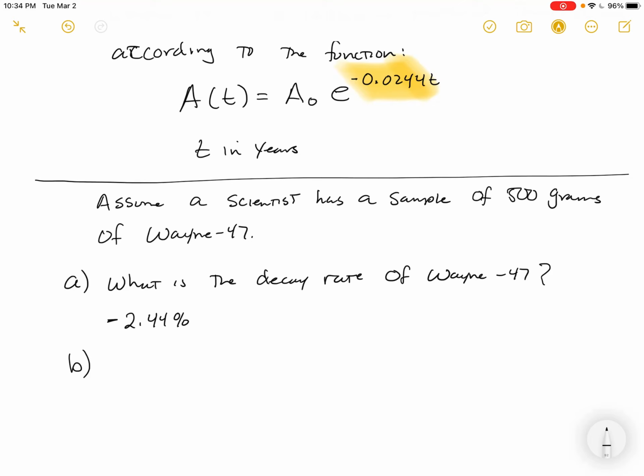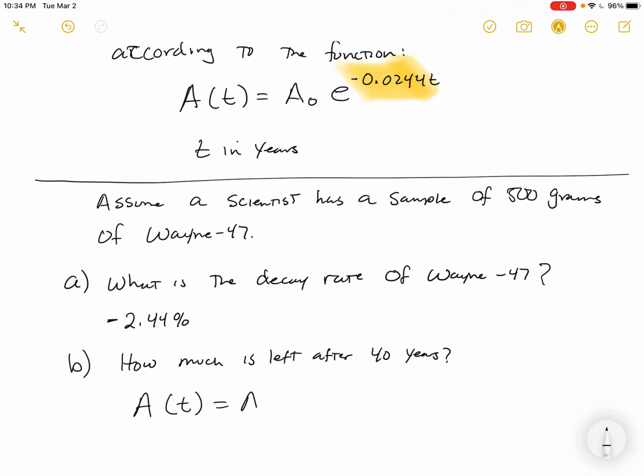Okay, so how much is left after 40 years? Okay, so they'd have 500 grams. How much is left? Well, this is where we use our equation.